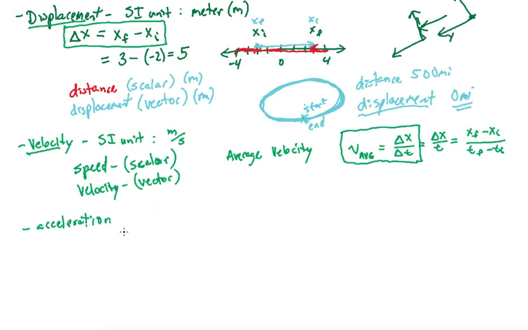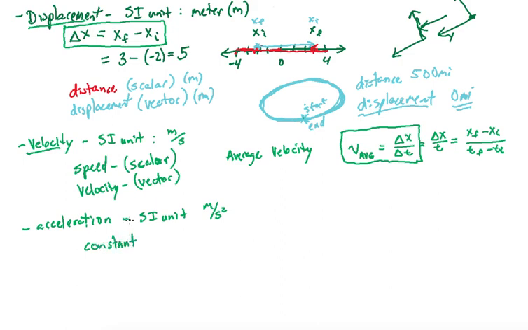Acceleration. Now acceleration, I'll tell you the SI unit for this, is a meter per second squared. And in a moment I'll explain when we do the equation for this where this meter per second squared even comes from, and a better way to think of it than just that. What we are mostly interested in, and pretty much the only thing we will be doing, is constant acceleration.